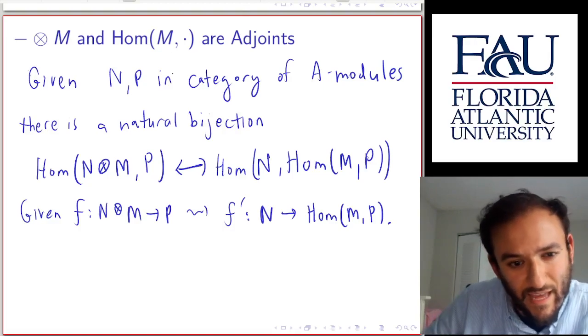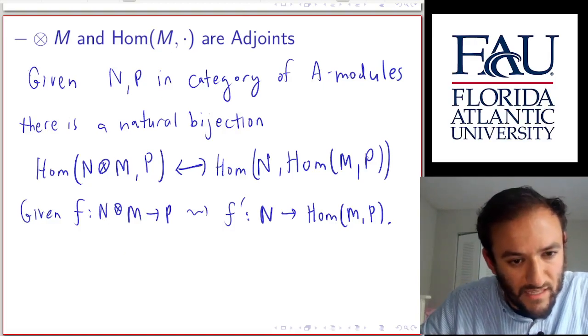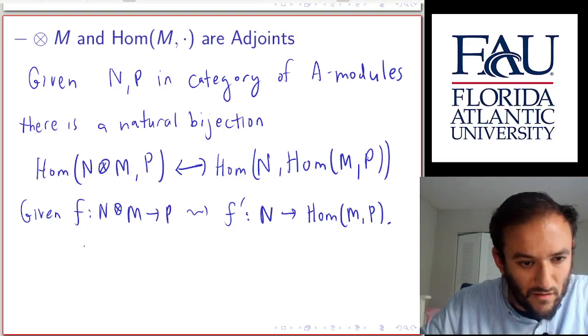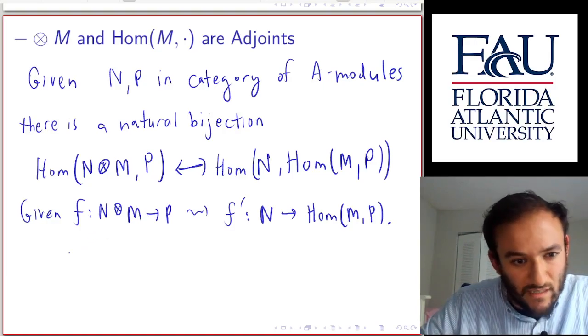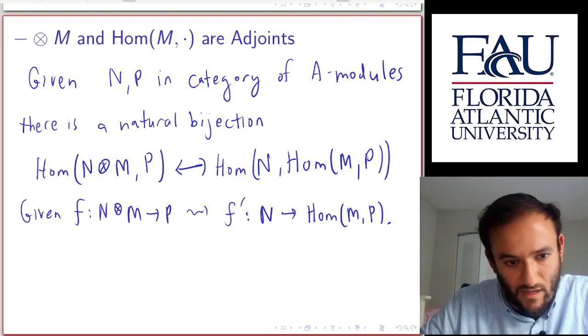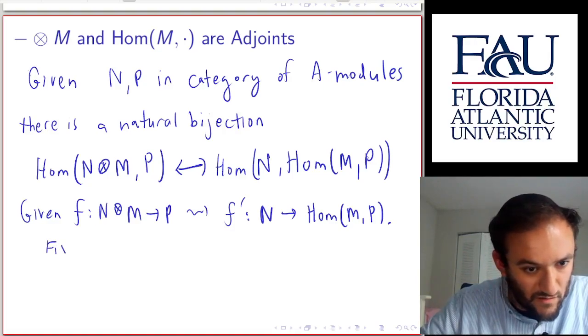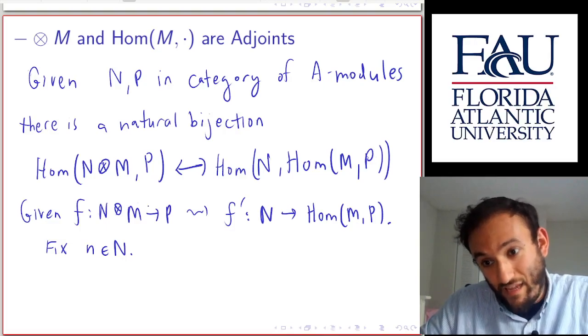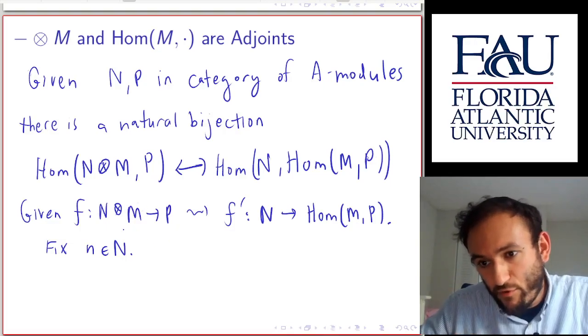You'll notice that for this A module homomorphism from N tensor M to P, if we fix a particular n in N, then what results is a map which is linear in M from M to P. So that's just an A module homomorphism from M to P.